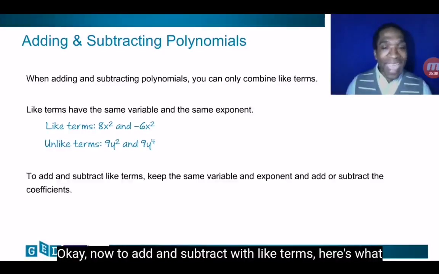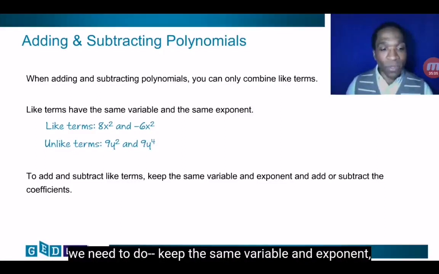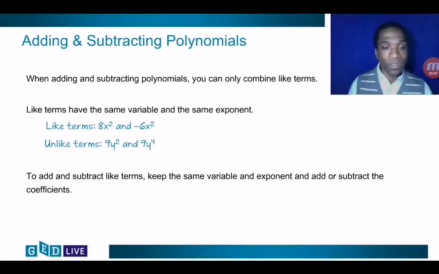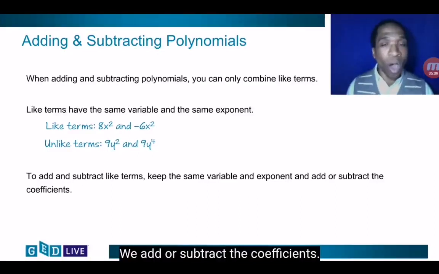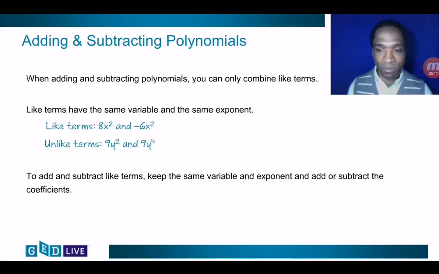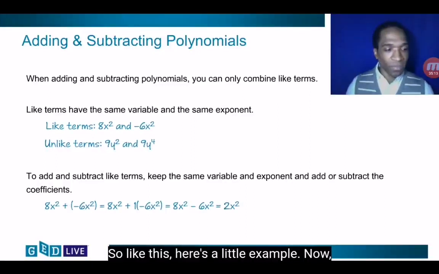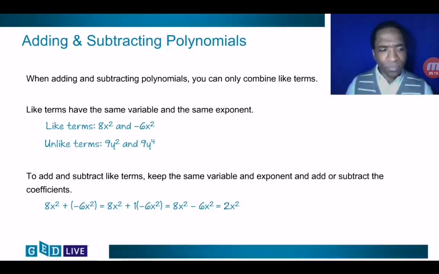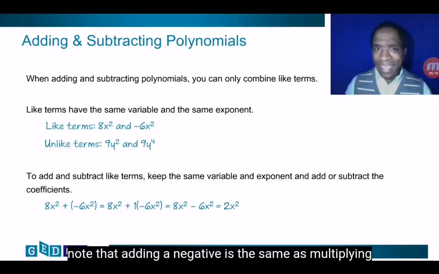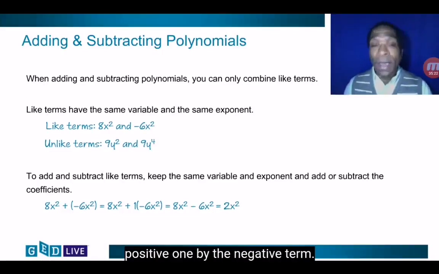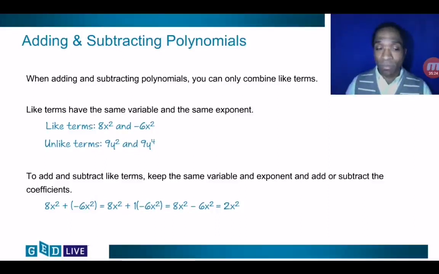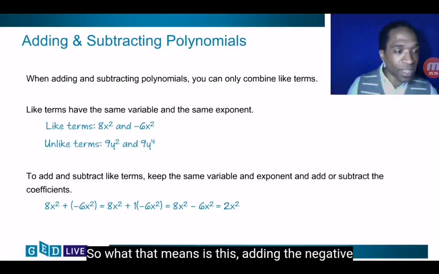Now, to add and subtract with like terms, here's what we need to do. Keep the same variable and exponent. That stays. You add or subtract the coefficients. So like this. Here's a little example. Now, note that adding a negative is the same as multiplying +1 by the negative term. So what that means is this.